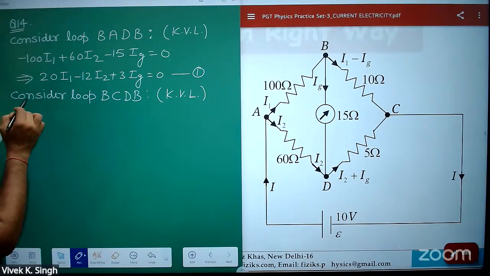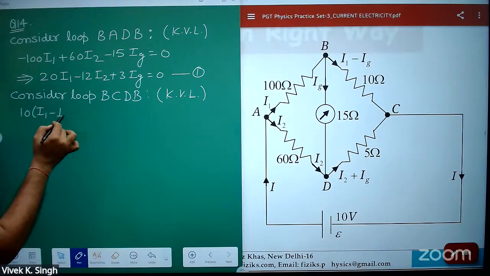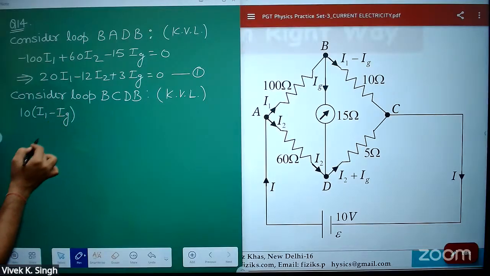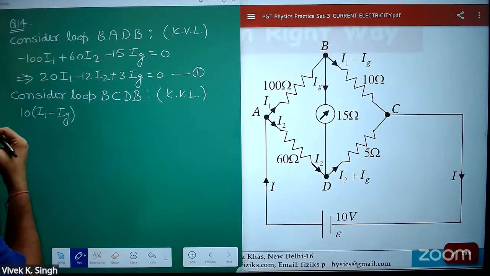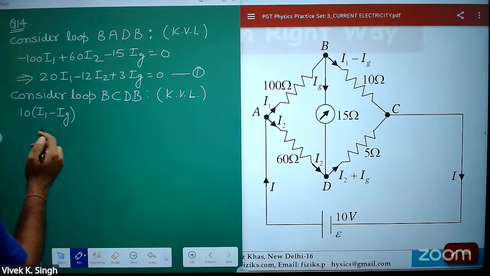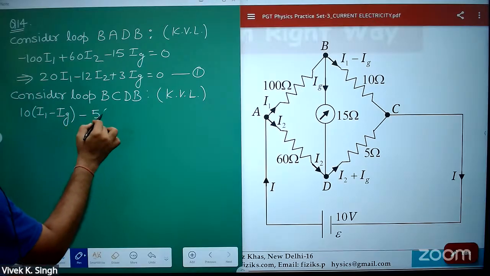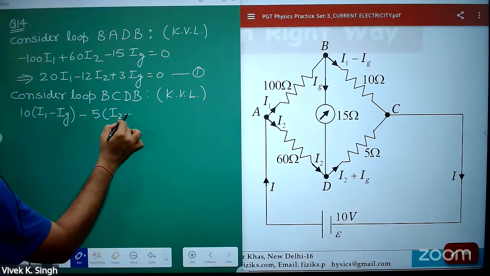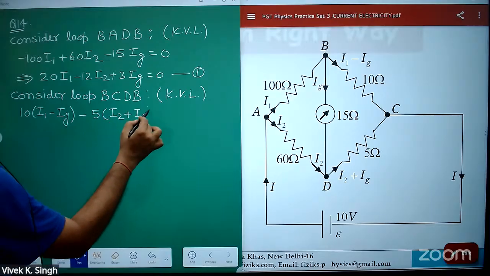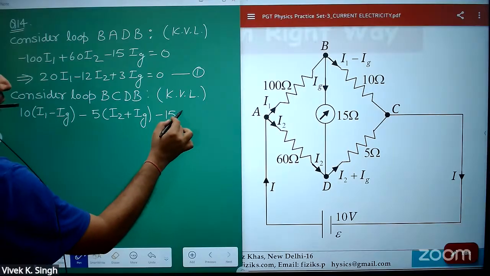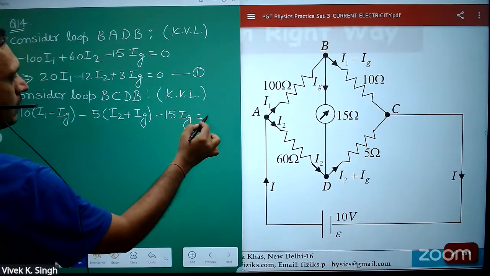Now you have BCDB. So let's see, BC is plus 10 (I1 minus IG), then minus of 5 (I2 plus IG), and then minus 15 into IG is 0.